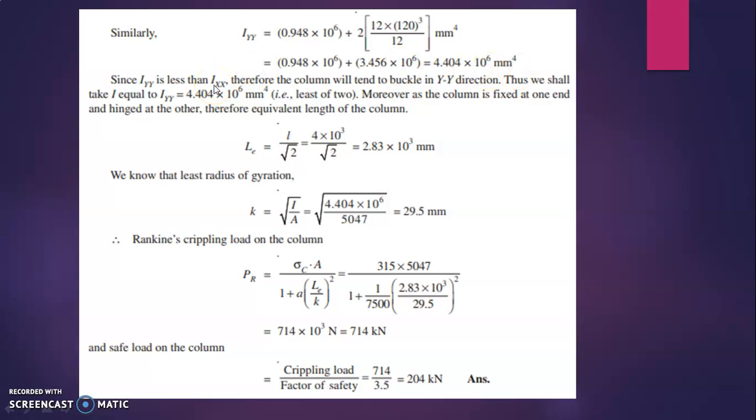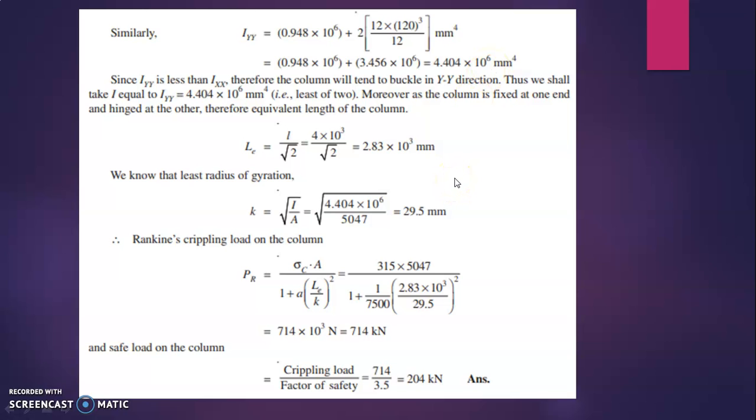Now between IXX and IYY you have to take the lesser value. Which is the lesser value here? IYY is less than IXX. Therefore, the column will tend to buckle in YY direction. So we'll take I equal to IYY, that is equal to 4.404 into 10 raised to 6.